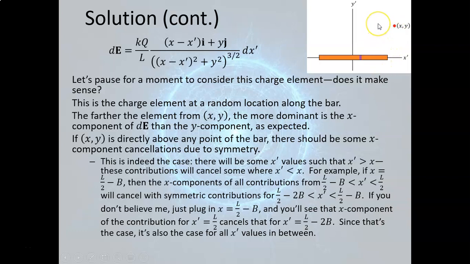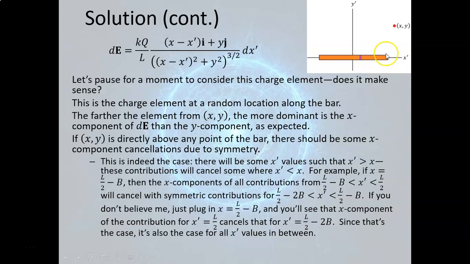Well, in that case, there will end up being cancellations from any values between L over 2 minus b and the right end of the rod at L over 2. So any points that are to the right will end up getting x component contributions canceled from points that are to the left.